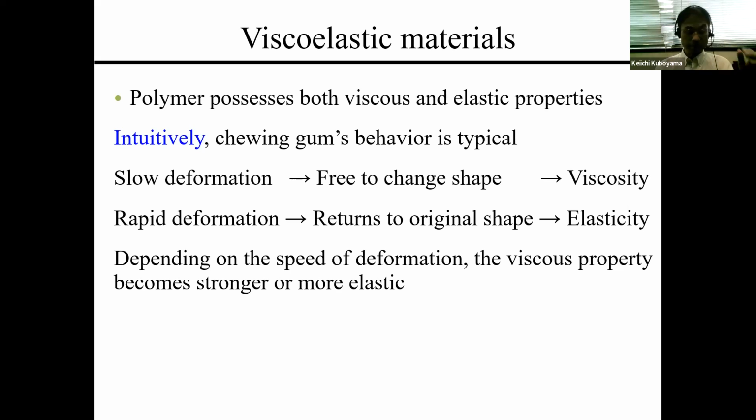That kind of property is called viscosity. And when you change it rapidly, the chewing gum returns to the original shape. That is elasticity. And such a phenomenon depends on the speed of the deformation. So the time speed is a very important factor of the property.